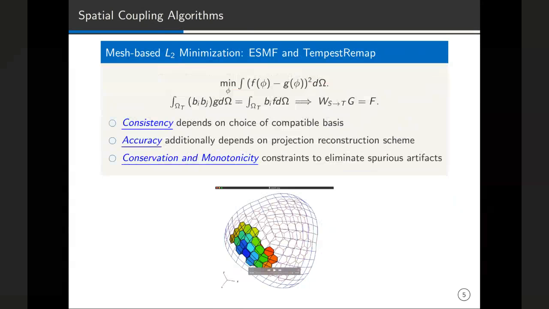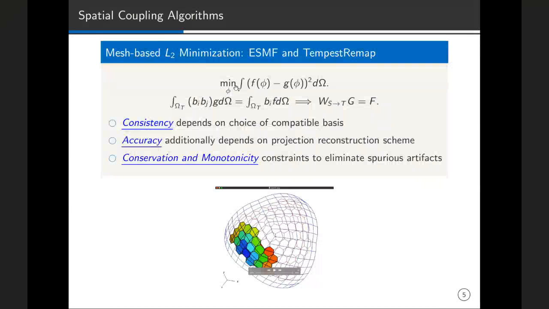So coming back to our schemes that I introduced before, the L2 minimization, which is mesh-based, is implemented in ESMF and Tempest Remap, in different flavors of it. But essentially what they're trying to solve is this minimization problem, where G is the functional on the source grid, and F is the functional on the target grid. And so what we want to minimize here is the global integral.